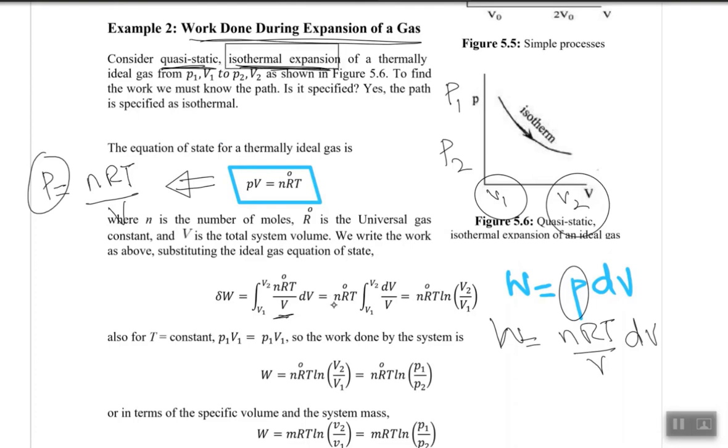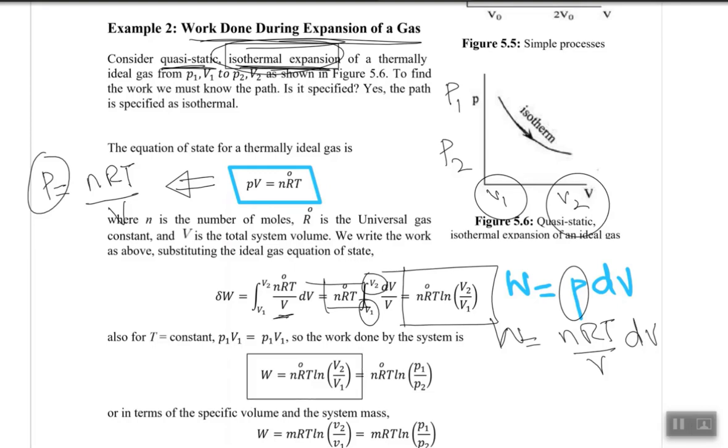So taking n out from the integral because it is constant, taking R out because it's constant, and also taking T out because the temperature was constant. So nRT is out of the integral now. We are integrating from V1 to V2, dV by V. If you integrate it, you will come up with the equation W is equal to nRT log of V2 by V1. That is nRT log of V2 by V1.